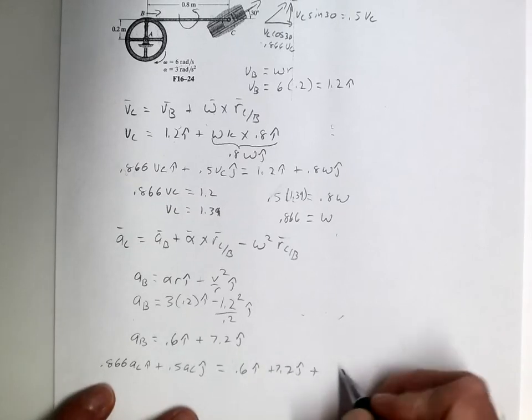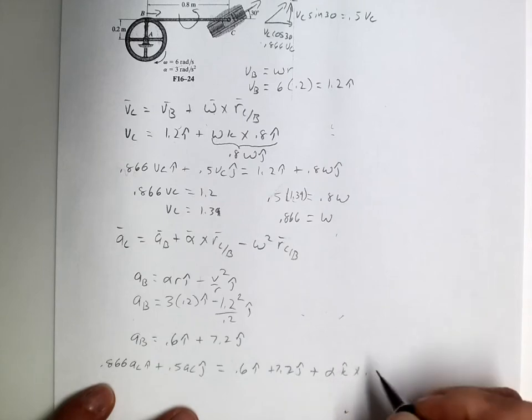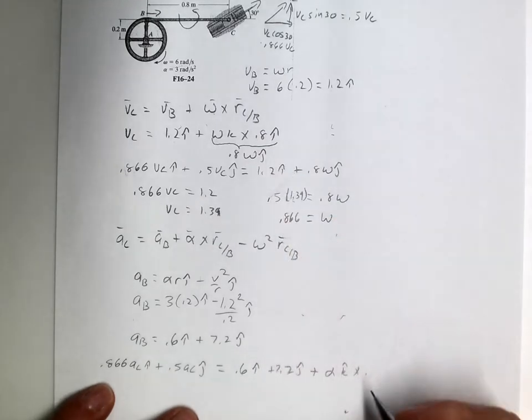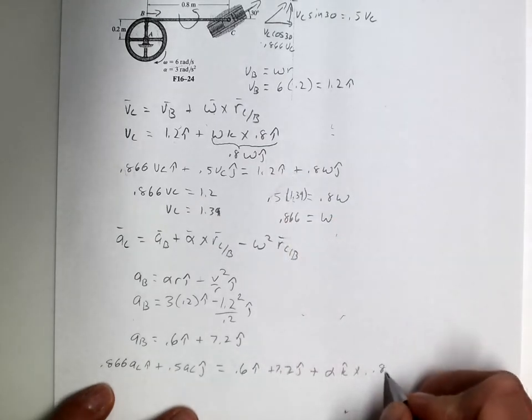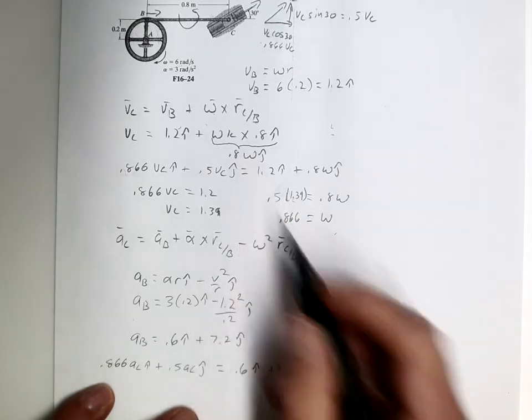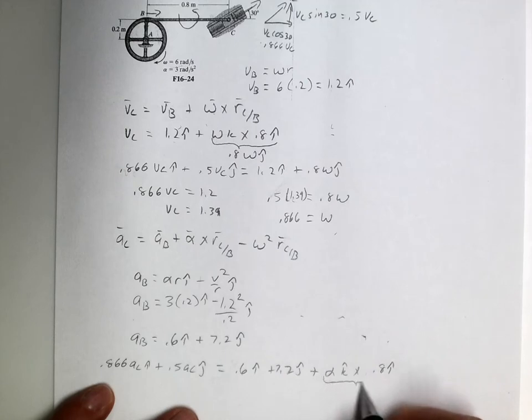Then we have to add alpha in the k direction crossed with R CB, which is still 0.8 in the I direction. And similar to that one, this will do the cross product of 0.8 alpha in the j.